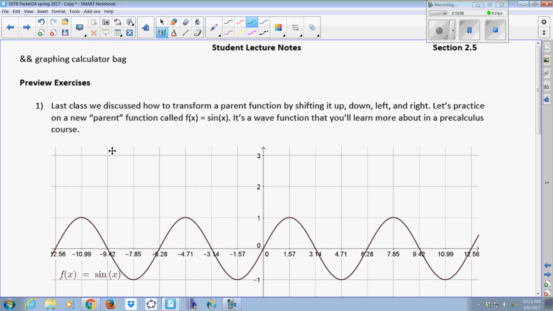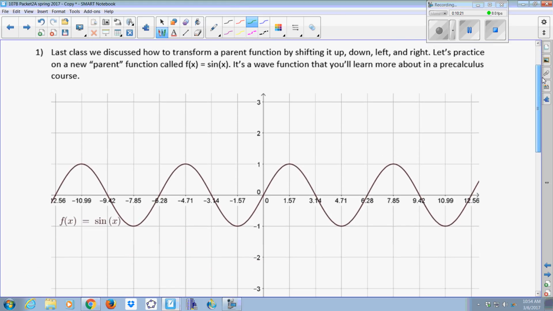And this is what we call a wave function. And you're going to learn more about this if you end up taking pre-calculus. And if you go to applied calculus, you won't really see a sine function. But we chose the sine function starting with this semester because it really illustrates the ideas of transformations in this section much better. And there's no ambiguity when you look at a sine function.